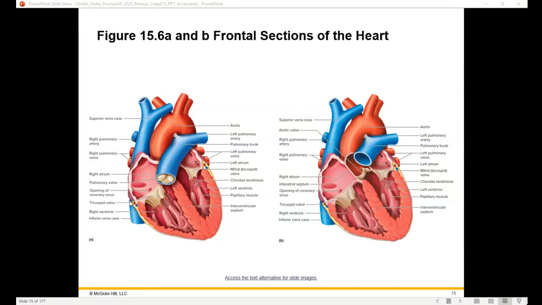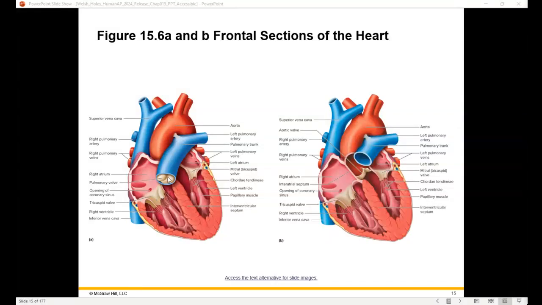So the superior and inferior vena cava return blood to the right atrium, which then sends blood down to the right ventricle. That goes through the tricuspid valve.